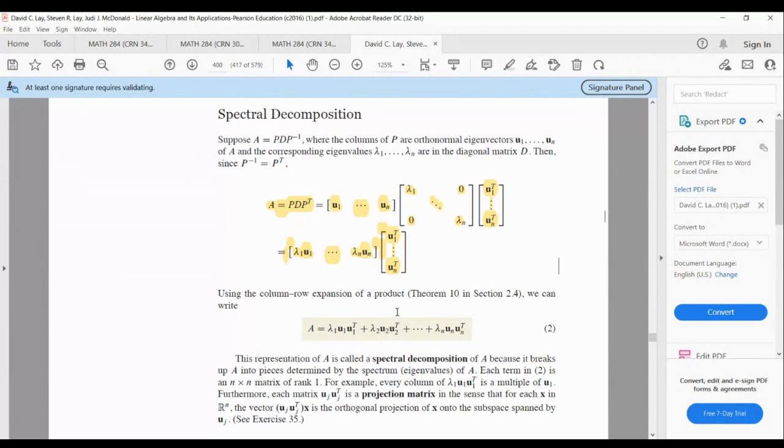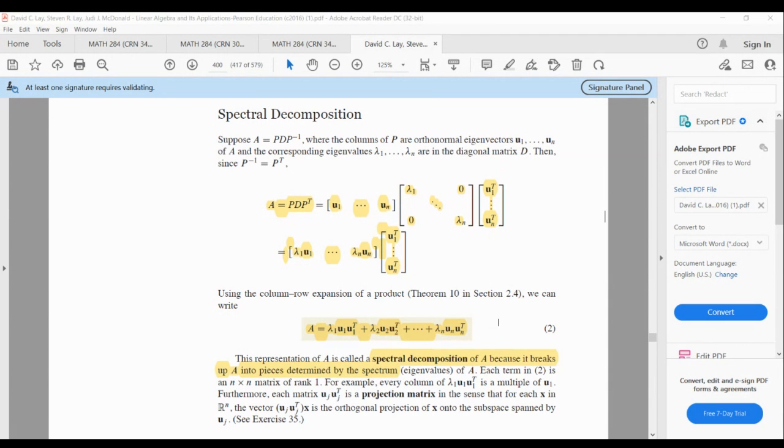If we multiply those matrices, we're going to get the matrix A written as the sum of these matrices: U1 times U1 transpose, U2 times U2 transpose, UN times UN transpose. That's called the spectral decomposition of A. And this is a big deal.